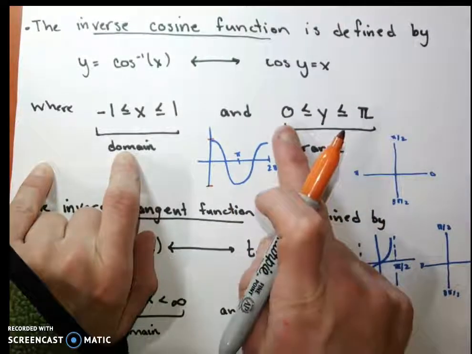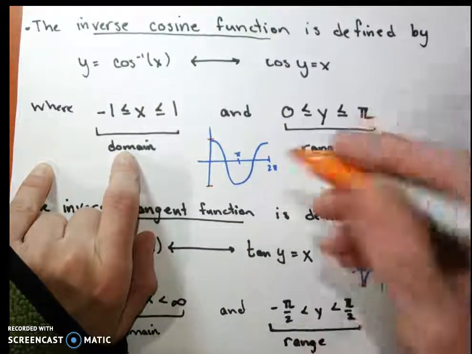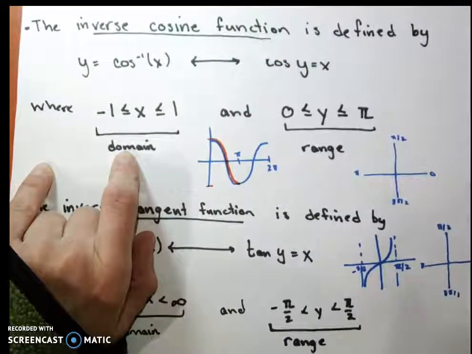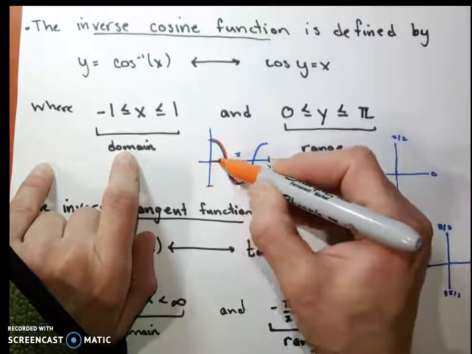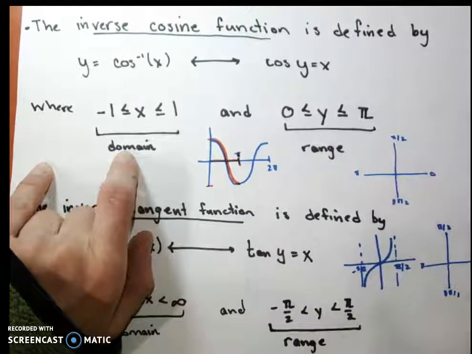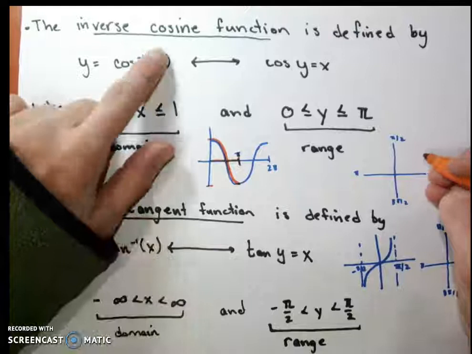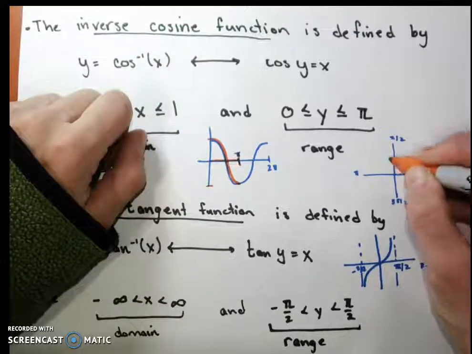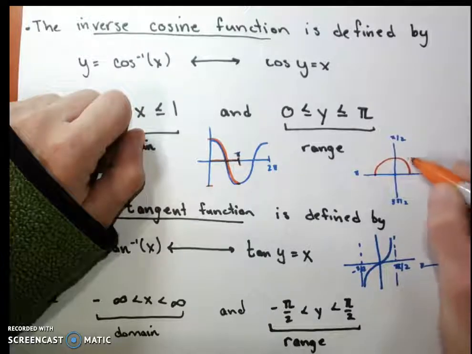And the range has to be between 0 and pi, because that's a region of the cosine function where it passes the horizontal line test, 0 to pi. Which means that the inverse cosine function is only going to take values for these angles.